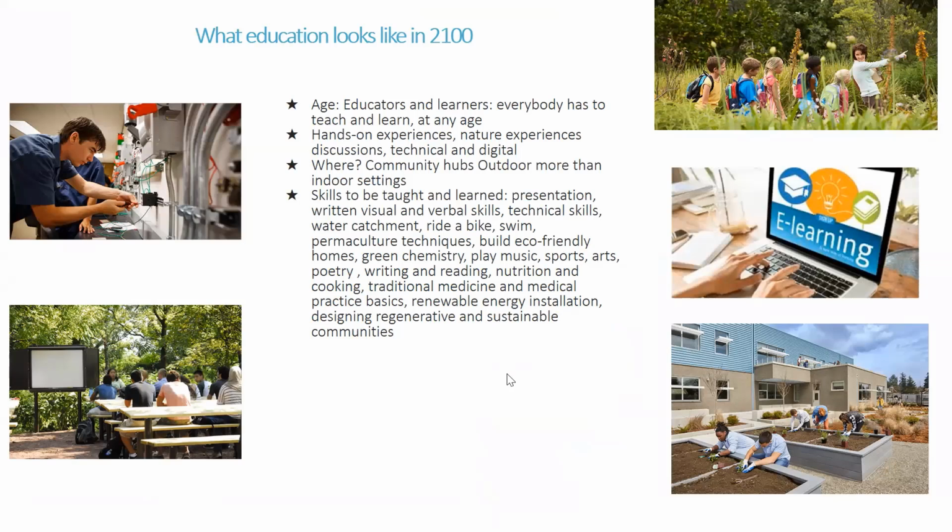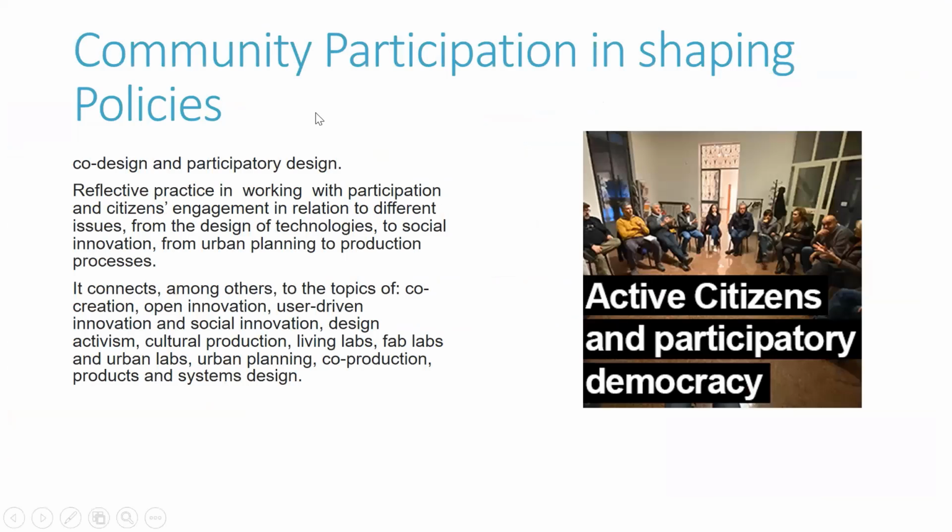And if you like, you can look at tier 2 of the first part, which talks about designing regenerative cultures and communities. Community participation in shaping policies. Have co-design or participatory design, where there's reflective practice in working with participation and citizens' engagement in relation to different issues, from the design of technologies to social innovation, from urban planning to production processes.